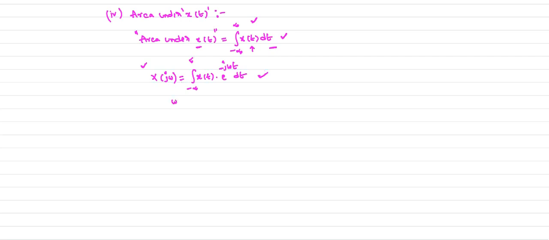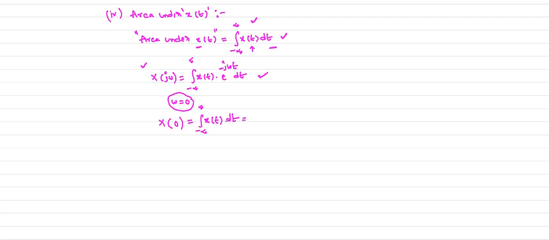You just simply substitute omega equal to 0 on both sides of the above equation. So what we will get? We will get X of 0 is equal to integral minus infinity to plus infinity x of t, e power 0 is 1, into dt.